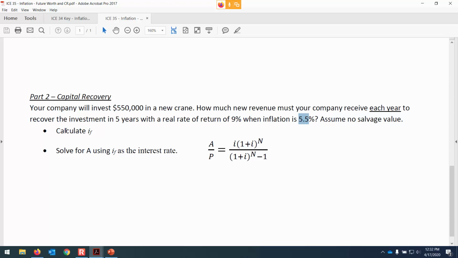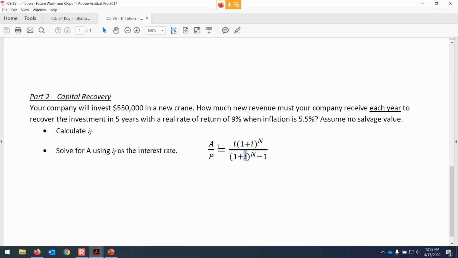The first thing you're going to have to do is calculate I sub f and then solve for A, because we know P is 550,000. So use the 550,000 for P and then substitute I sub f into this formula.